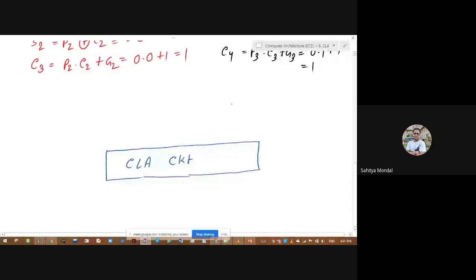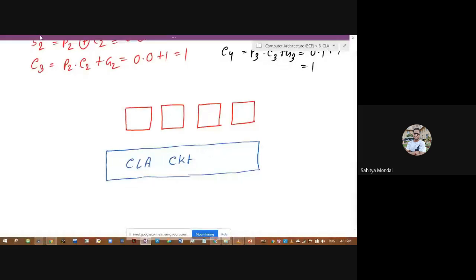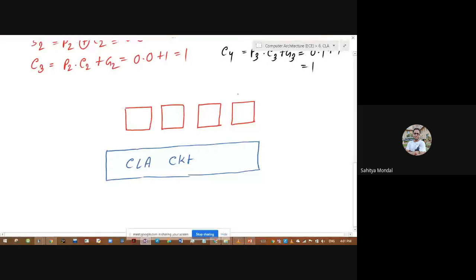Now this is the 4-bit CLA. Always mention how many bits. So 1, 2, 3, 4. So 4 full adders. I am taking the inputs for each of the full adders: A0, B0.